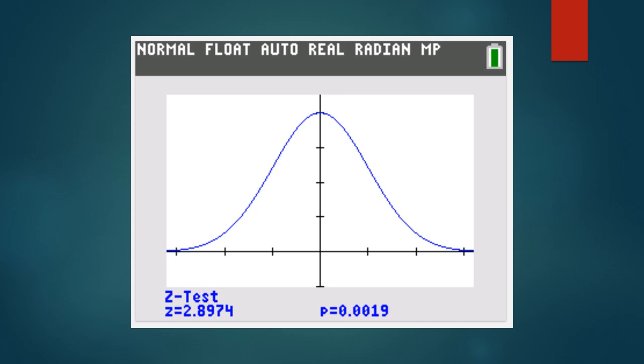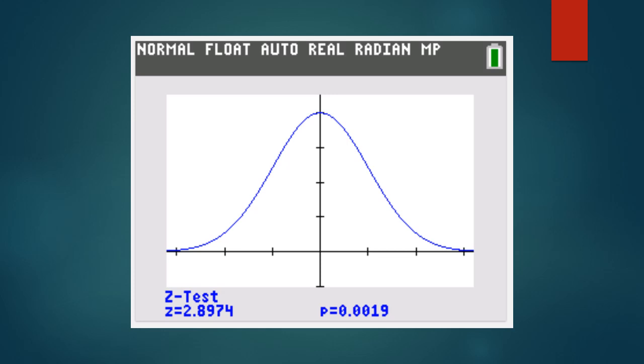Our test statistic is a z statistic, and it is 2.8974. That tells us that our sample result of 6.4 psi is 2.8974 standard deviations above the mean of 6.2.